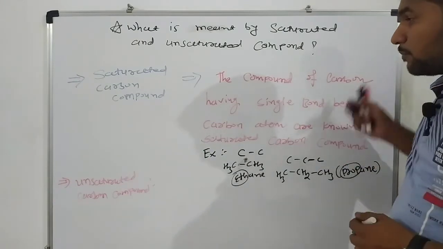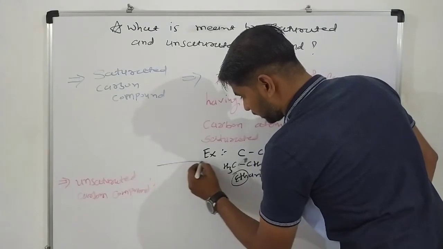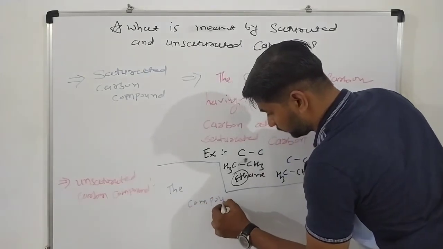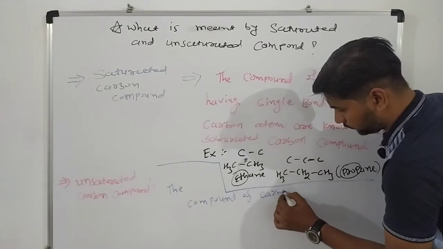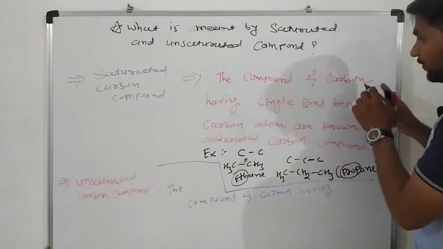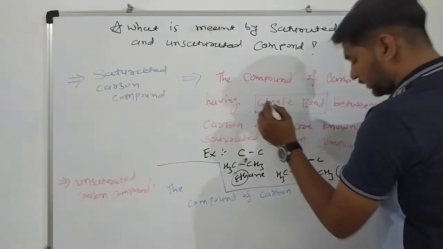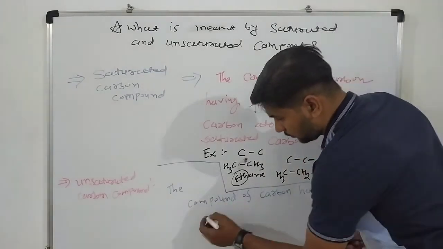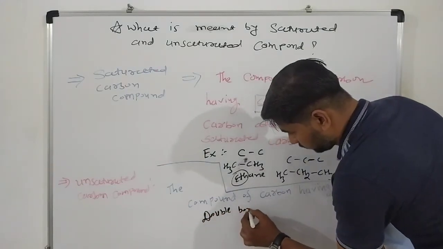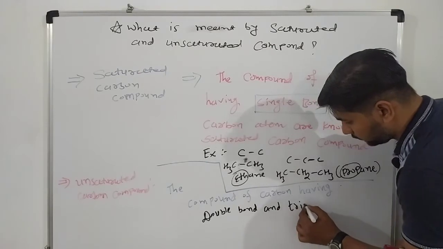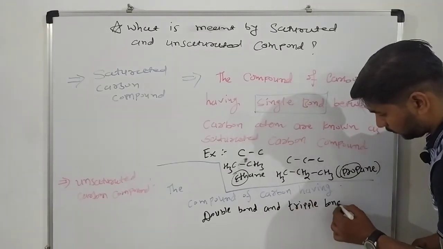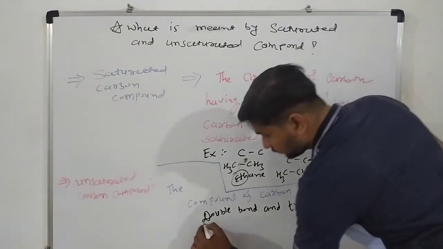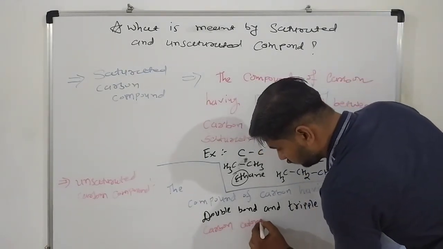An unsaturated carbon compound is a compound of carbon having, here it is a single bond, here carbon having a double bond and a triple bond between carbon atoms.